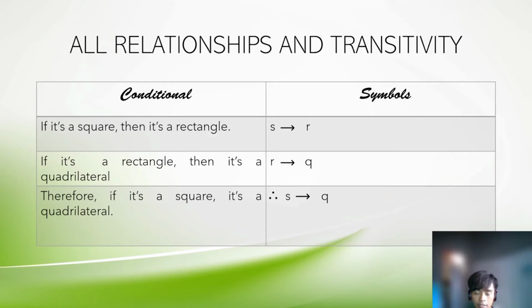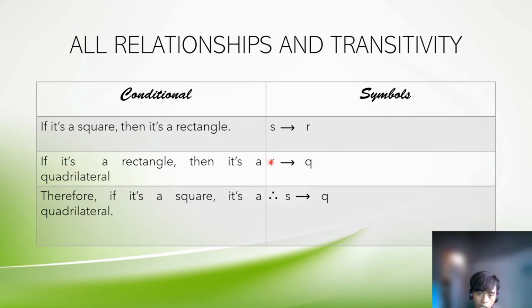Okay, and next, as you can see on the table, in the first column we can see the conditional, and in the second column we can see the symbols. On the first row of the conditional, if it's a square, then it's a rectangle. While in the symbols, S links to R. On the second row, if it's a rectangle, then it's a quadrilateral.